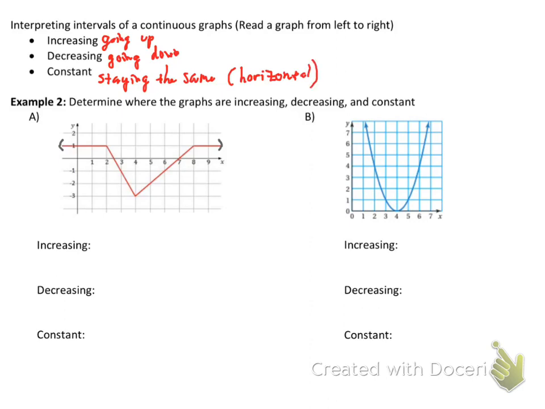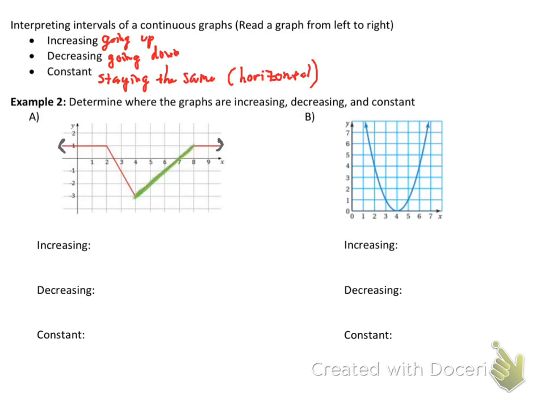All right, so you'll notice in number 2, I added arrows to this graph to show that it goes on and on forever. All right, so where is it increasing? Well, you'll notice that it's going to be increasing. Let me see if I can get a highlighter to help us with this part. It's increasing from here to here.